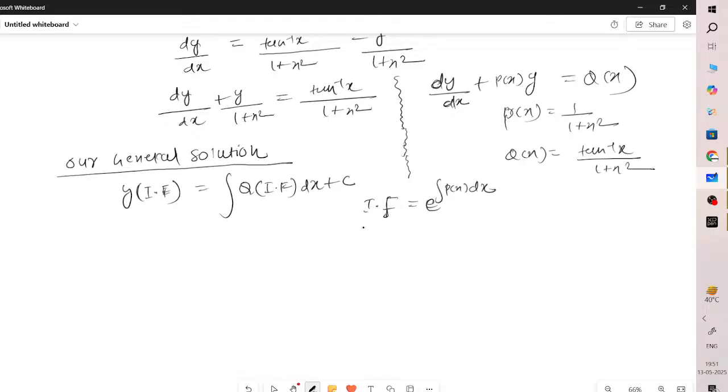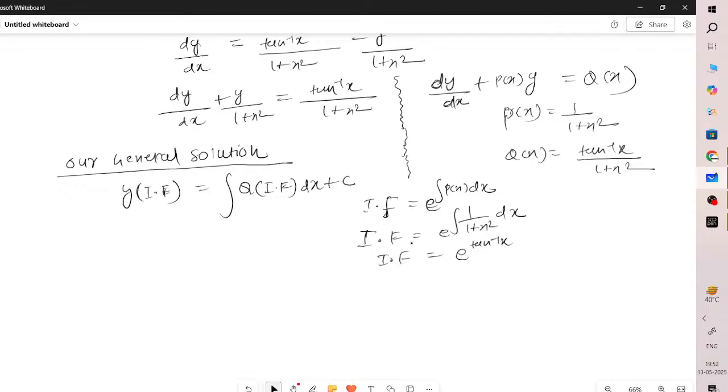So we find the integrating factor accordingly: IF equals e raised to the integral of 1 by (1 plus x square) dx. And we know the integration of 1 by (1 plus x square) is tan inverse x. So our integrating factor is e raised to tan inverse x.